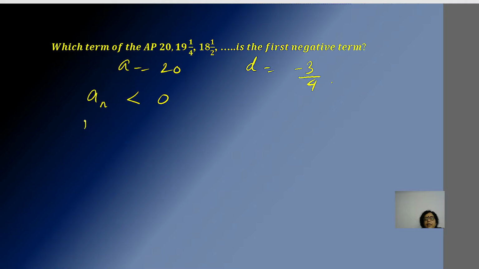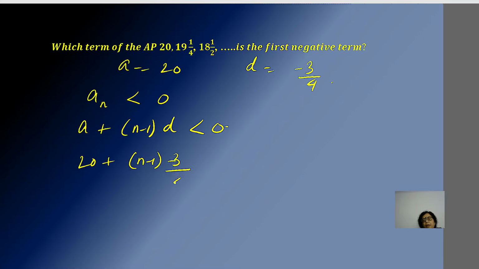So here an can be written as a plus (n minus 1) into d. This is less than 0. So a is 20 plus (n minus 1) into negative 3 by 4 is less than 0. So this becomes, if you open up the bracket, 20 and this will become minus 3 by 4 n plus 3 by 4 is less than 0.